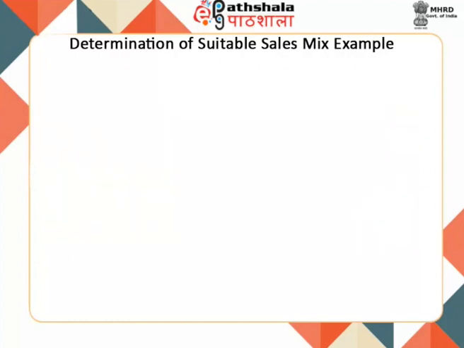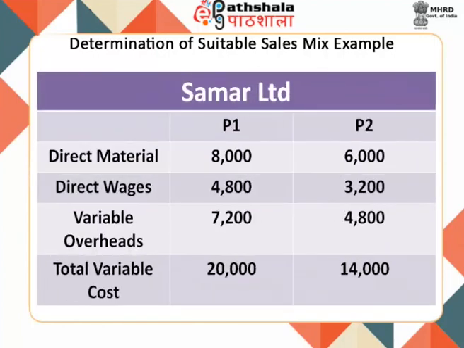Let us first work out the variable cost statement per unit for each product. After adding direct material, direct wages, and variable overheads, we arrive at the total variable costs for both the products such that TVC for P1 comes out to be 20,000 and 14,000 for P2.